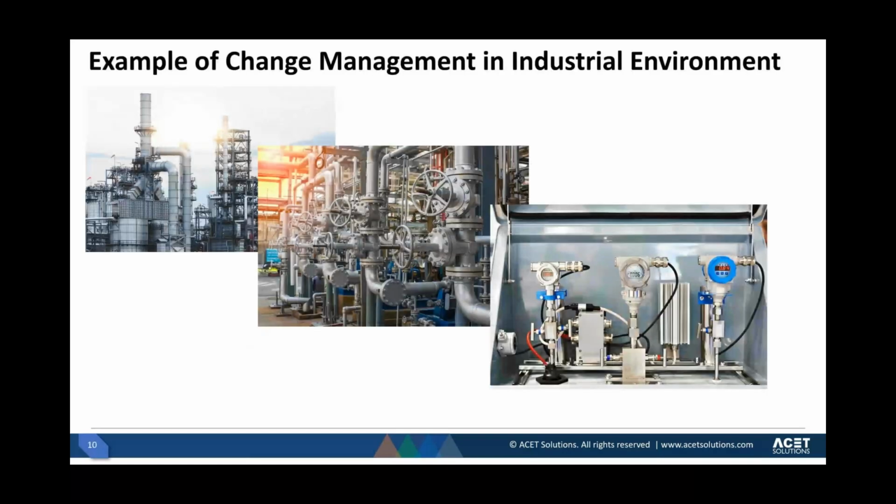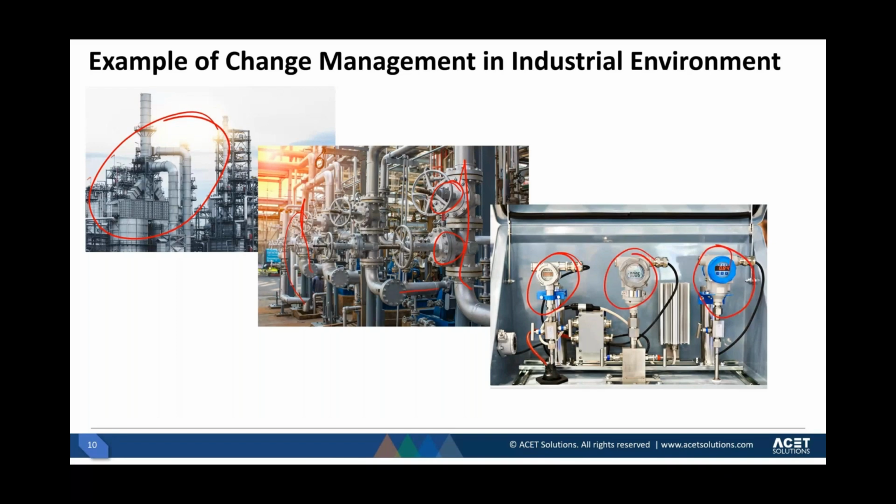So you have this facility with a lot of valves and pipes and a lot of instrumentation that is controlling the flow of different fluids from one part of the plant to another. And in most cases, or almost all cases, you have some kind of field instrumentation.